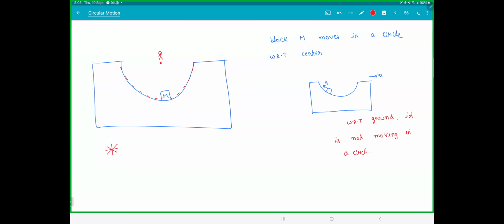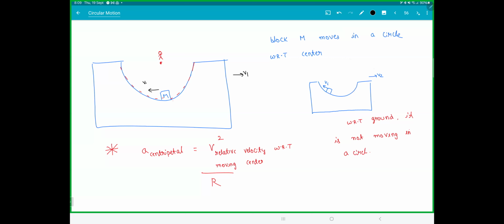So remember this, very important. When you're writing centripetal acceleration, that v square by r, this v is the relative velocity with respect to the center. Till now, you never had a problem because the center of the circle never moved. In our scenario, this guy thinks the wedge is going with v1 and the block is going with v2.